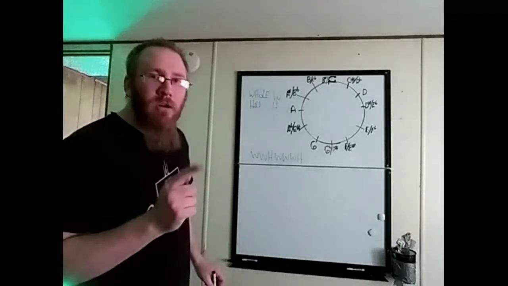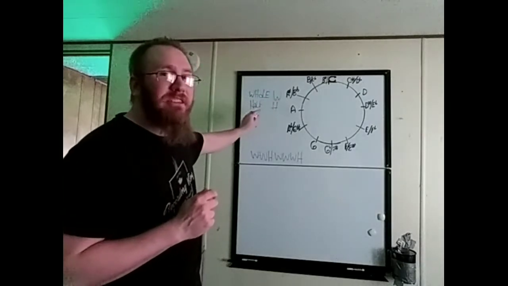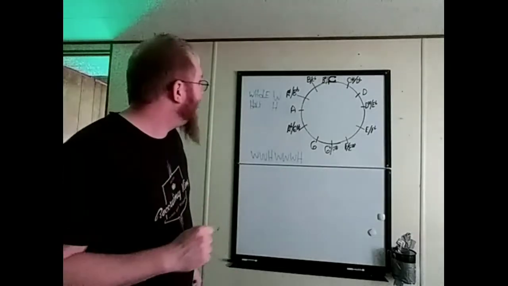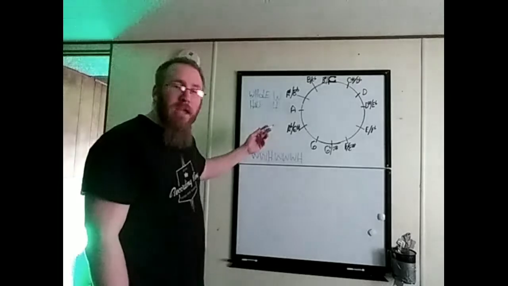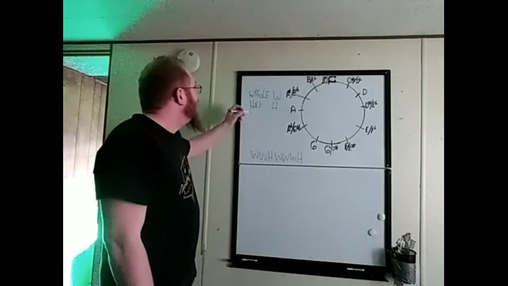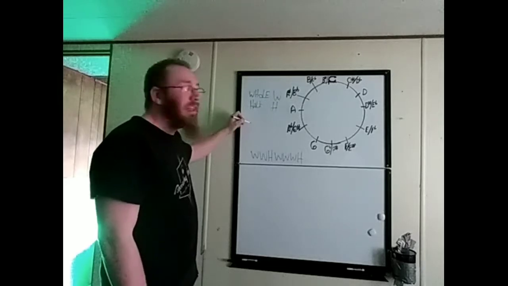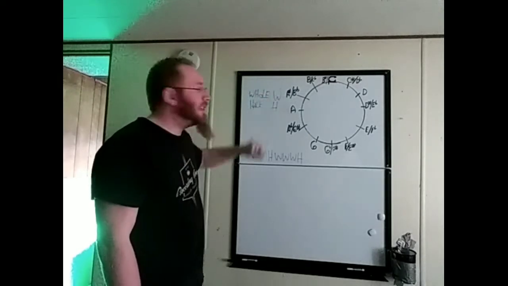Before I get further along with this, we need to know what a whole step is and what a half step is in relation to this circle. Again, if we look at math, one half step plus another half step equals a whole step.